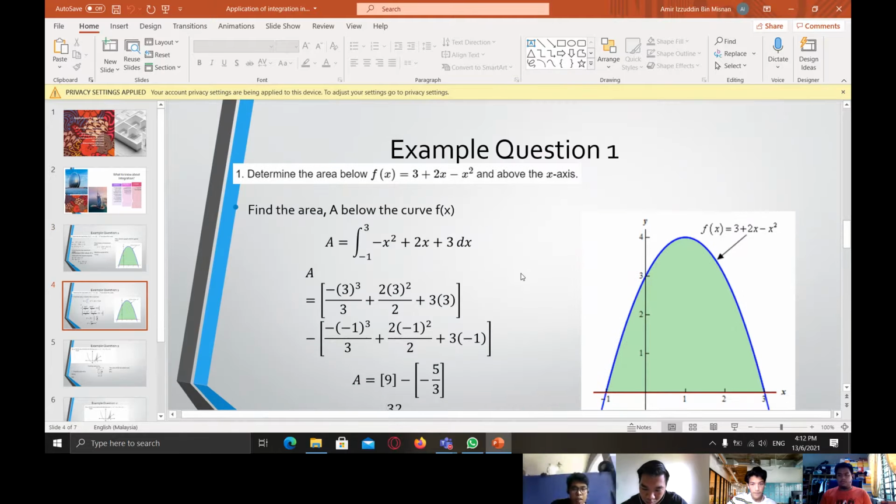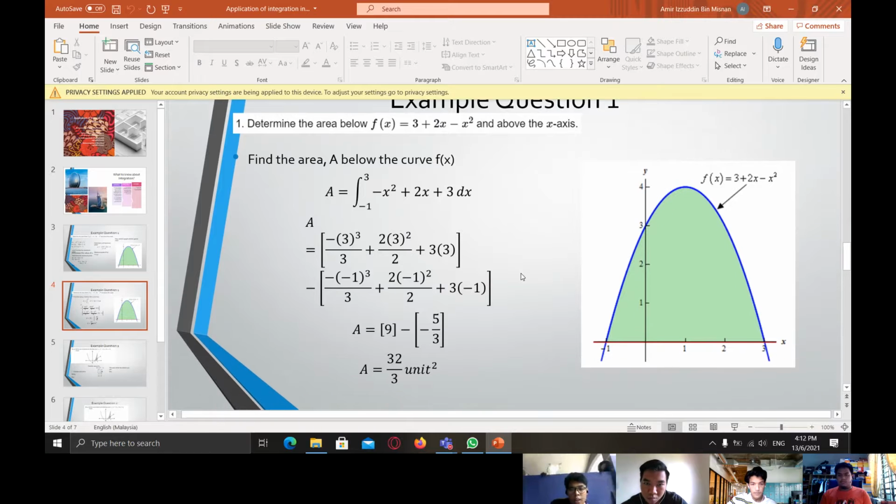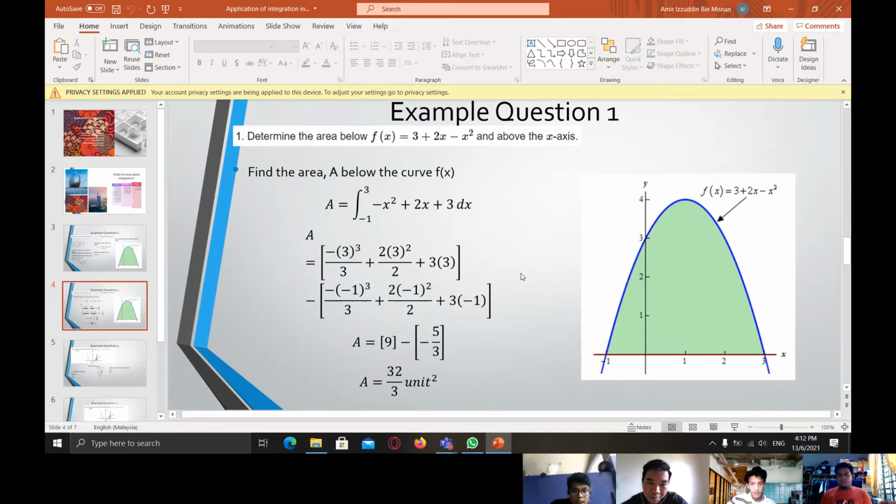This is to find the area under the curve f(x) for question 1. So now we got the answer: the area below the parabola is 32 over 3 unit square.